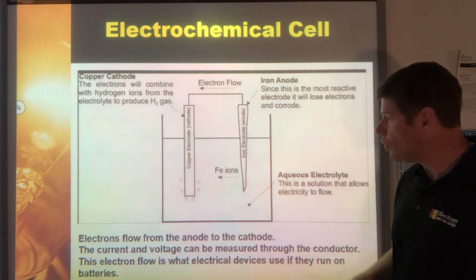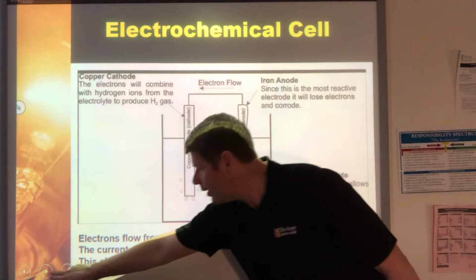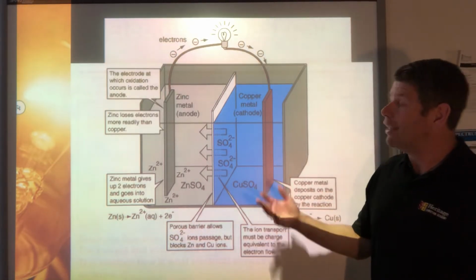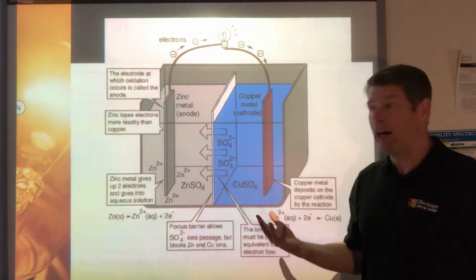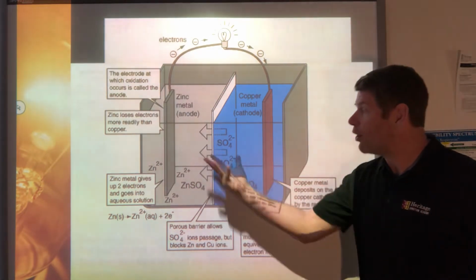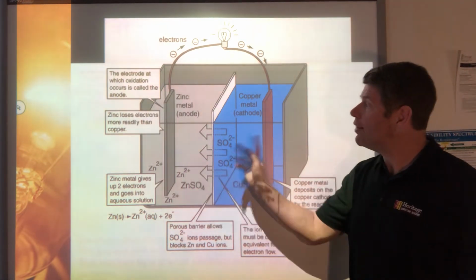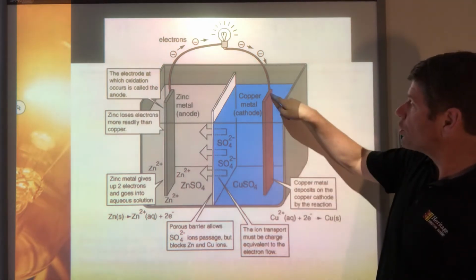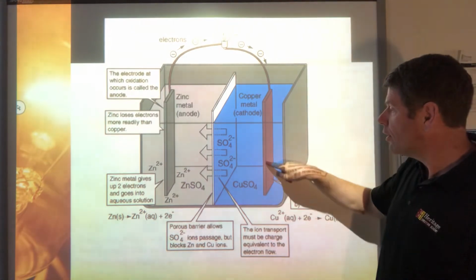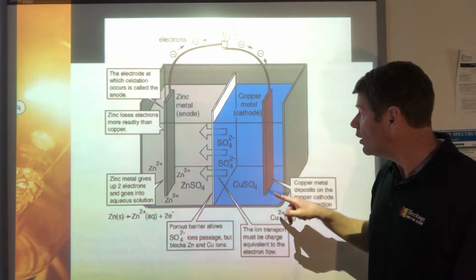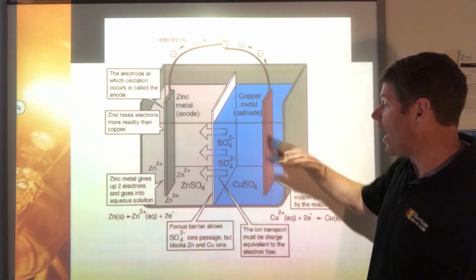Now, if I go to the next slide, we can see this time a different cell made of different metals and two different solutions. So in this diagram, guys, we're still going to use copper. Copper is really good at wanting or gaining electrons, and so again, it's going to be our cathode.